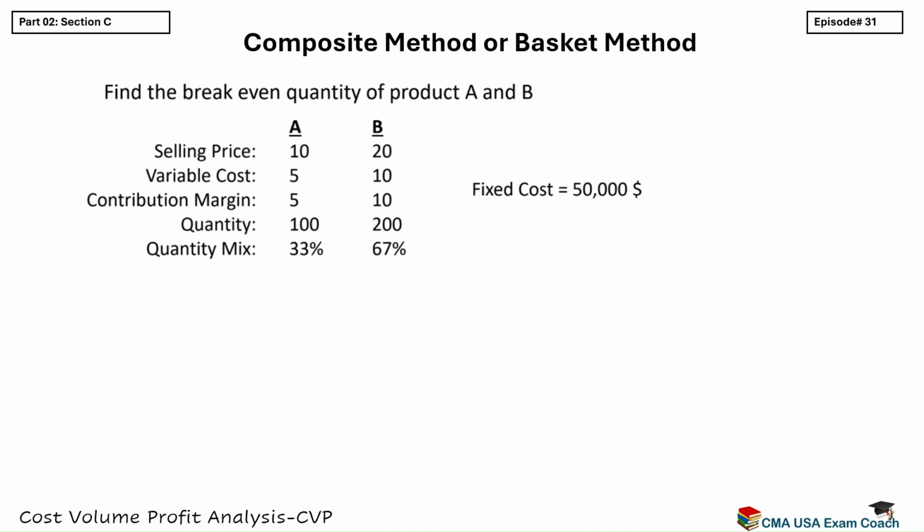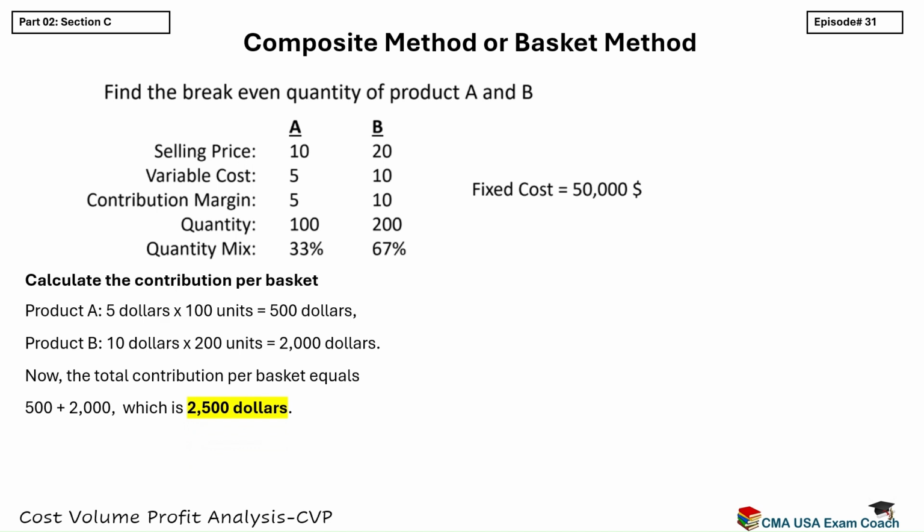Now, to calculate the break-even point using the basket method, we first need to calculate the contribution per basket. So, we multiply each product's contribution margin by the number of units in the basket. Product A, $5 times 100 units equals $500. Product B, $10 times 200 units equals $2,000.